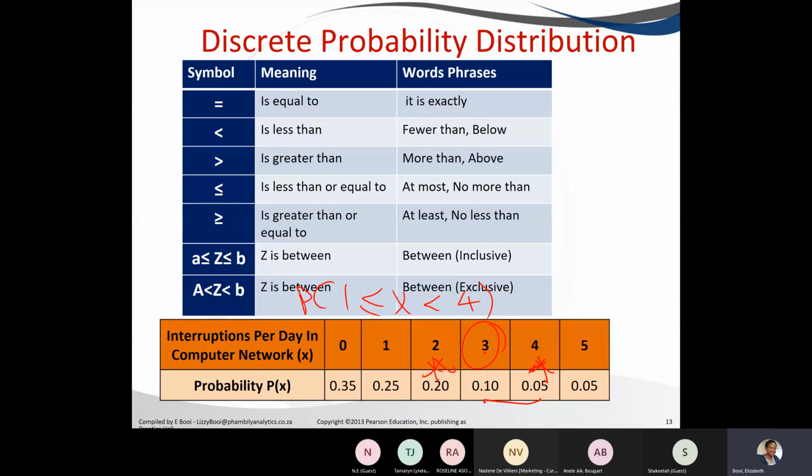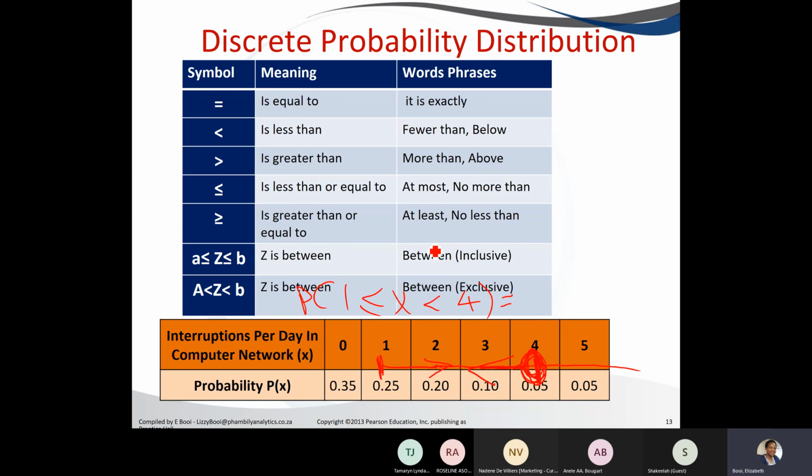What they mean by this is that the value of X is bigger than 1, including 1, it's 1 or bigger than 1, but it is less than 4, excluding 4.